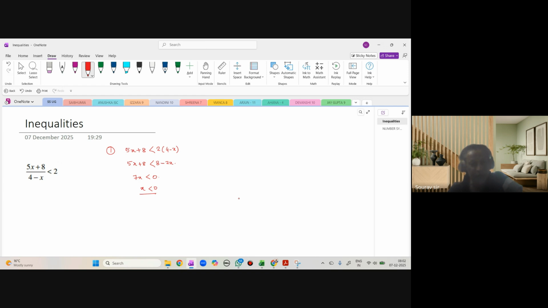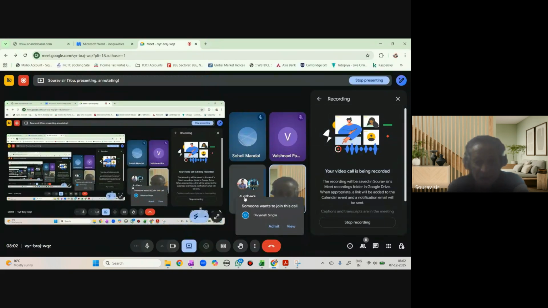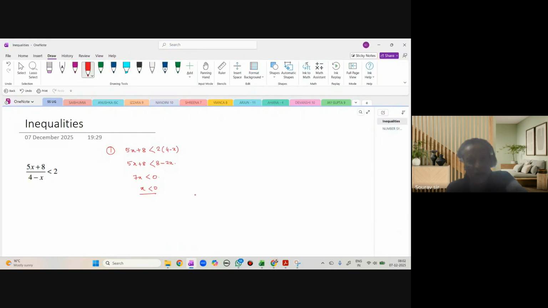I just cross multiplied the two sides and I rearranged and I got the solution as x less than 0. Now, my question is, is this solution correct? Anyone? Is this solution correct? Okay. Let me work a different method.